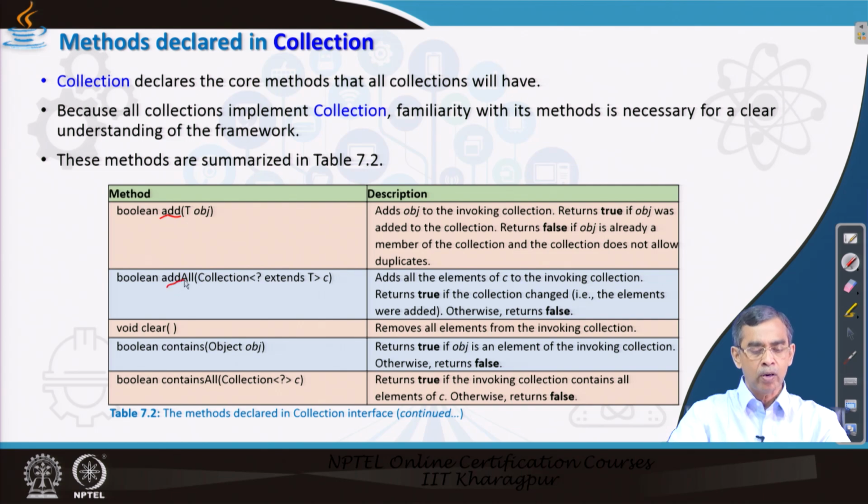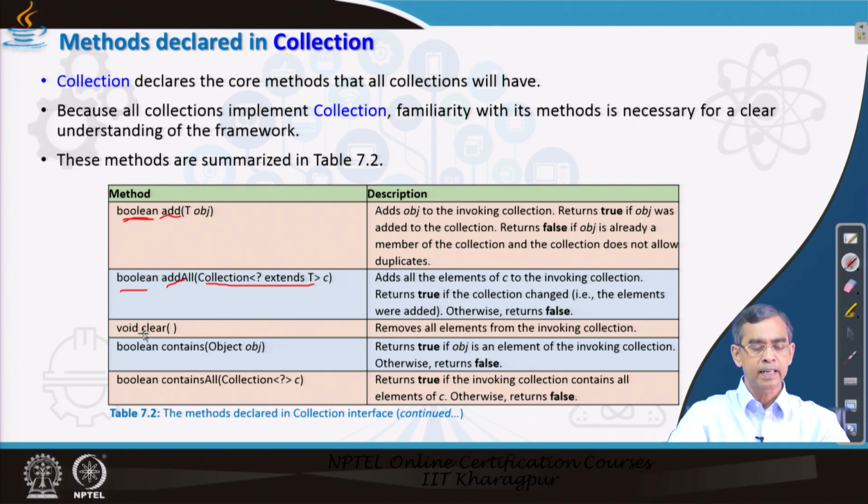Similarly, addAll, and you can see the argument is a collection. So, if we pass a collection to this method, then all the elements in this collection will be added to the existing collection. If the addition is not possible, then it will return false. If addition is successful, it will return true. So, that is why the return concept is there.